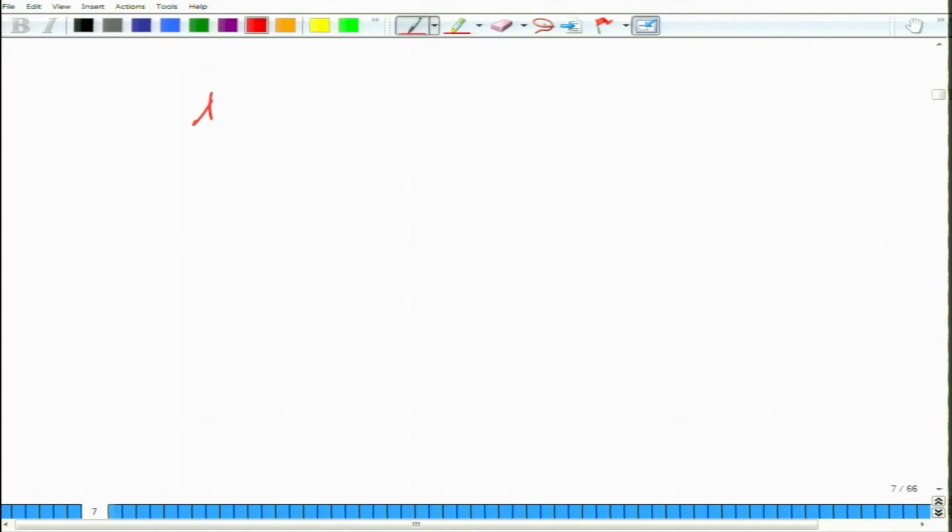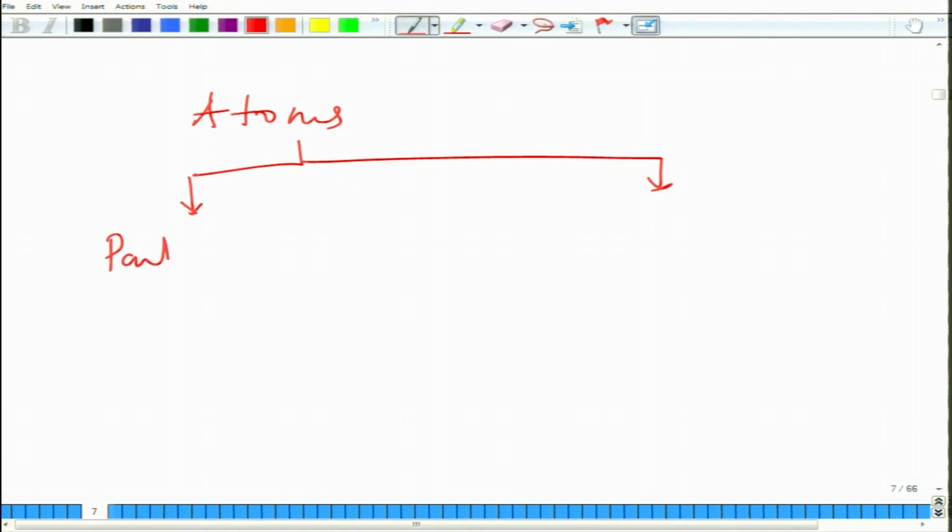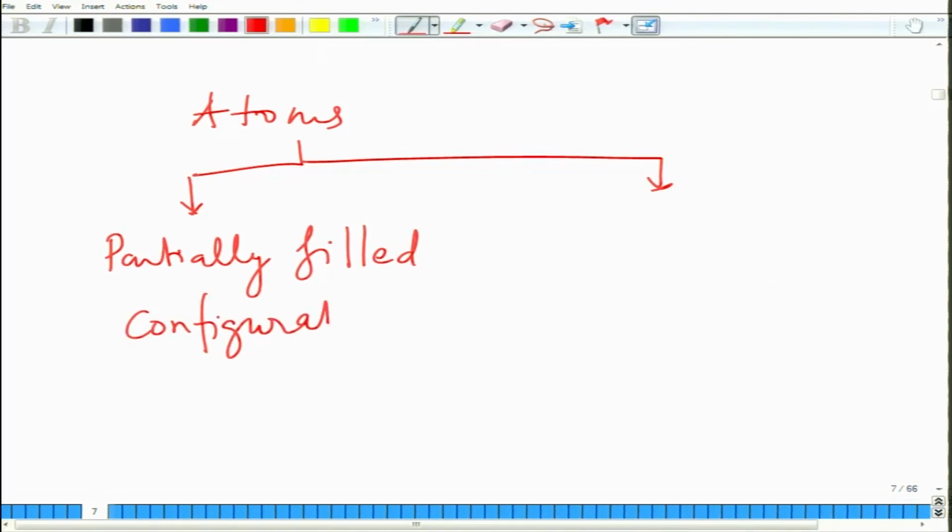And of course, as far as atoms are concerned, there are atoms with partially filled shells, configuration, and then you have completely filled, right.